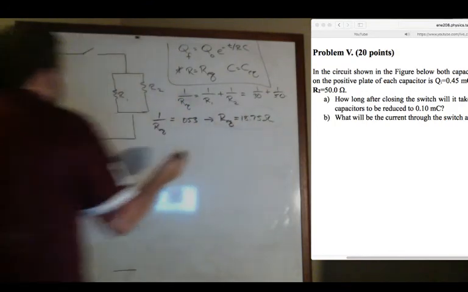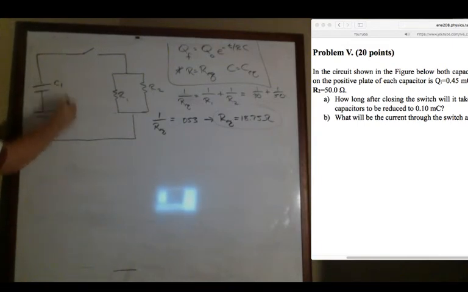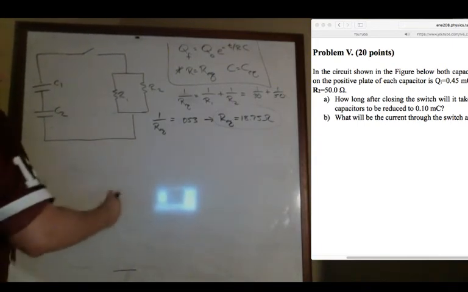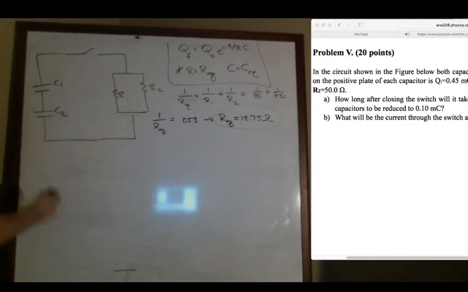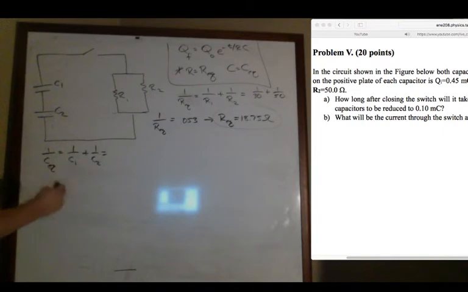Now we've got to do the same thing for our equivalent capacitance. And once again, notice how our capacitors are in series. Capacitors in series means we have to do the fraction thing again. So that kind of stinks. But 1 over C_EQ is equal to 1 over C1 plus 1 over C2. So 20 and 30.